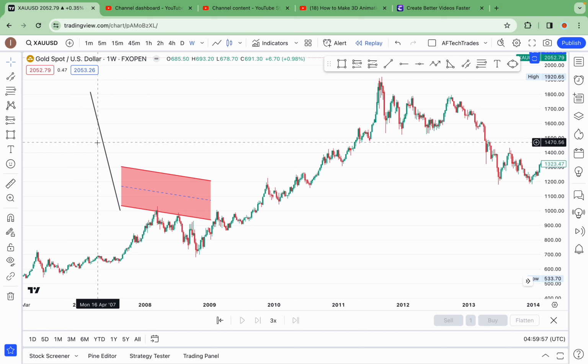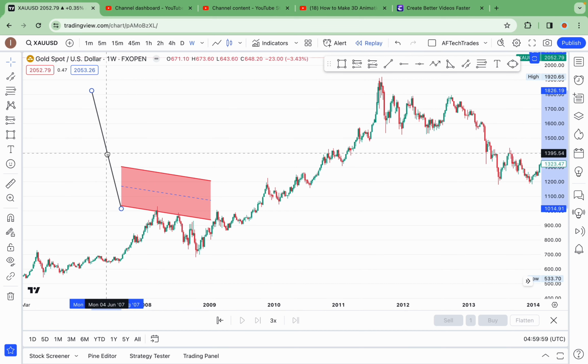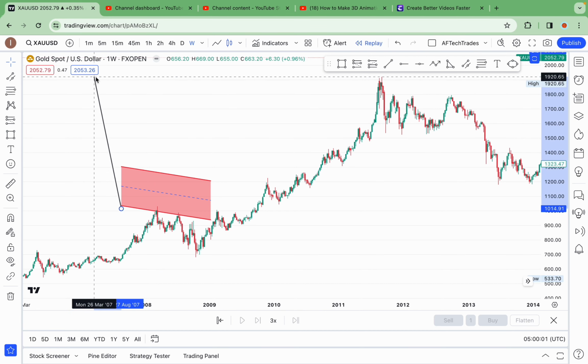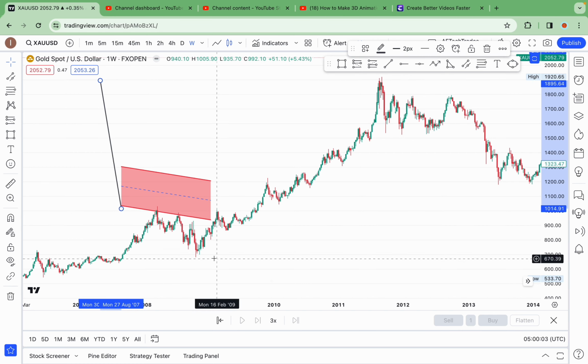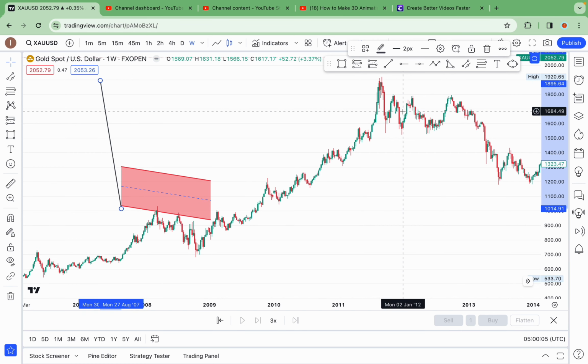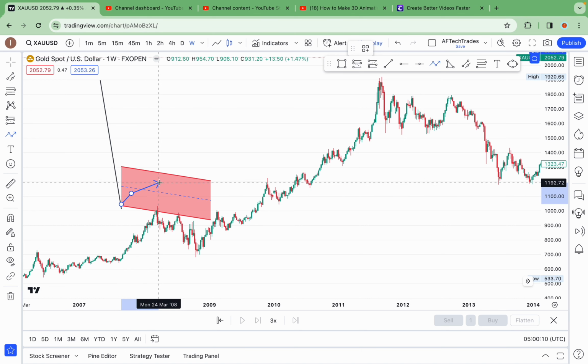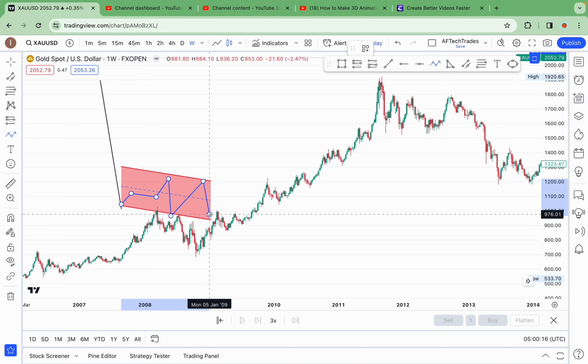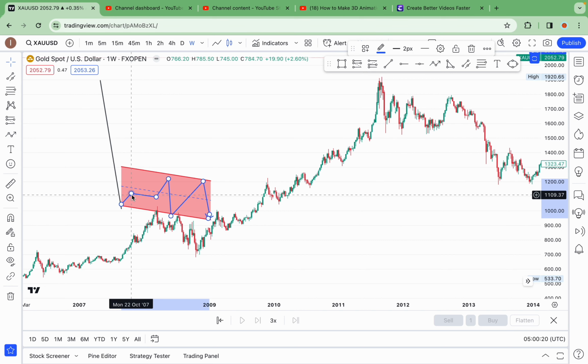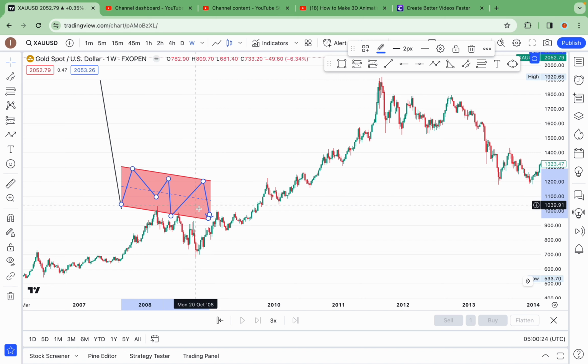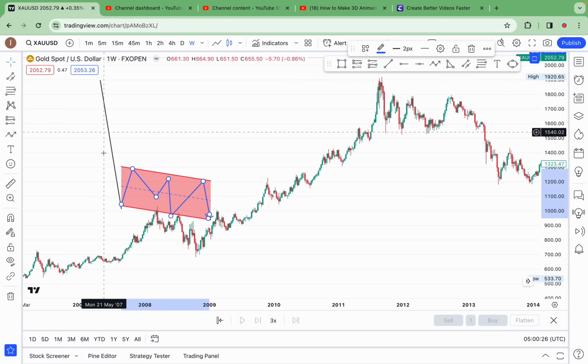So in this case, for example, you have this slanting downward. Though it's a flag, because it's rectangular in shape, you have the market moving. What it means is that the market might be moving in any zigzagging direction, but yet it is moving within the rectangular shape, in a downward trend.